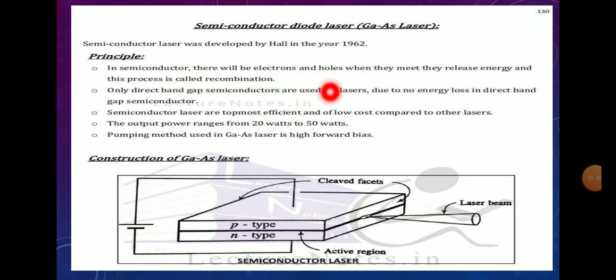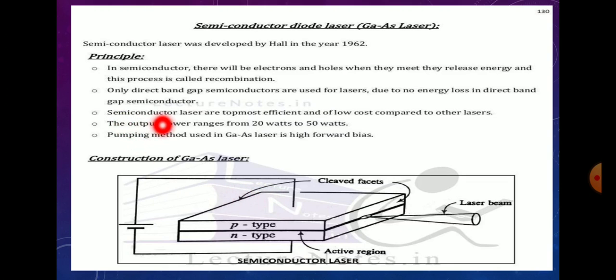Here the p type and n type recombine, so it is known as recombination of electrons and holes. Only direct band gap semiconductors are used for lasers due to energy loss in the direct band gap. Here we apply only forward bias.